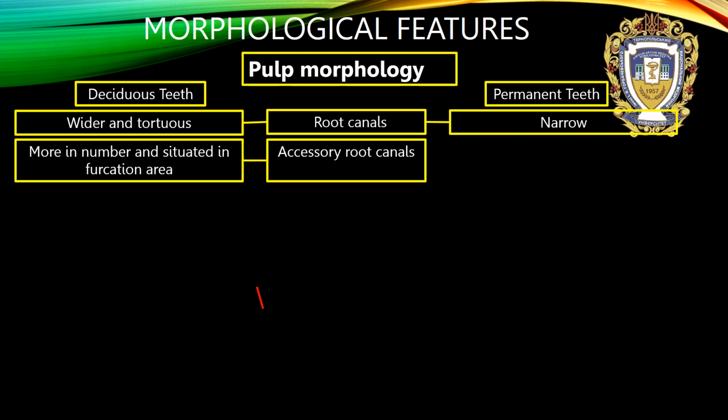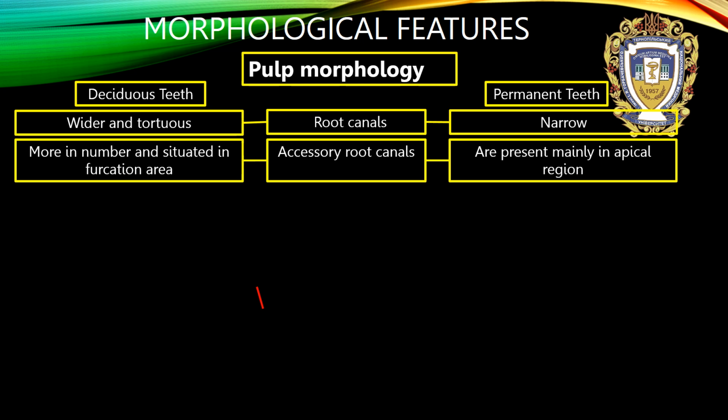Next morphological feature, accessory root canals. In temporary teeth, accessory root canals are more in number and situated in furcation area. Instead, in permanent teeth, accessory root canals are present mainly in apical region.